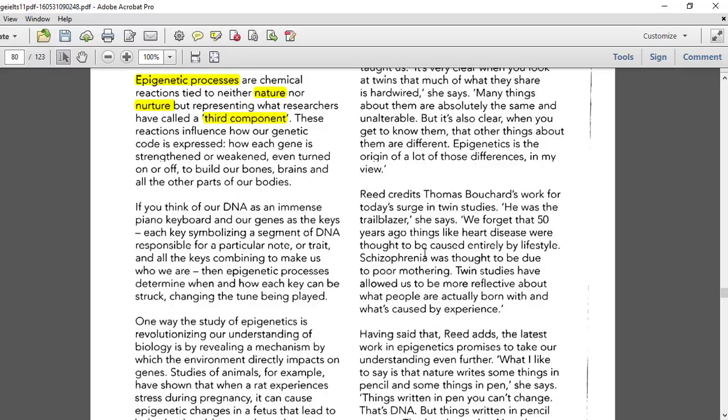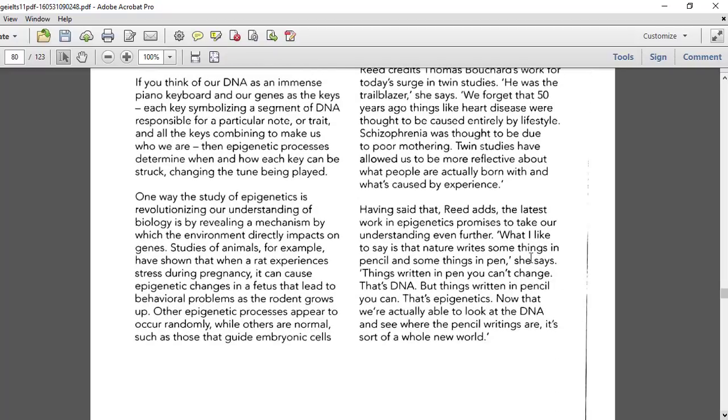Work in genetics promises to take our understanding even further. Look here: promise to take our understanding even further, to develop the understanding, develop the knowledge. What I like to say is that nature writes something in pencil and pen.